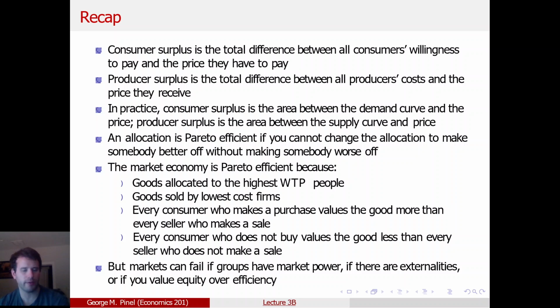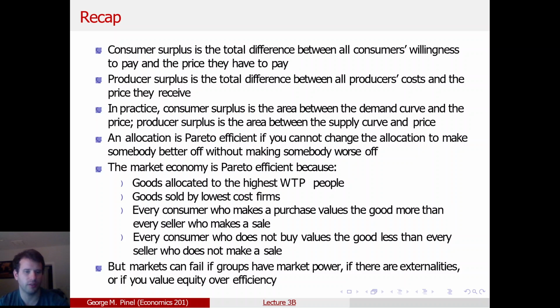So if you value equity well above efficiency, you might want to have a higher tax, or if you value efficiency over equity, you might want to have a lower tax. And there's a lot more nuance to that debate. What does it mean to be fair? What does it mean to be efficient? Those are very loaded terms. But to different people, that might be one reason why you don't want a full market system, or even a market system at all.